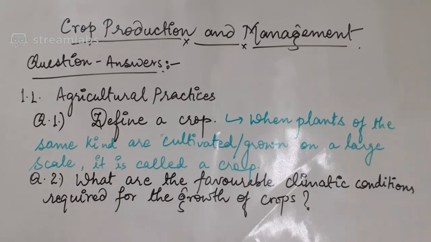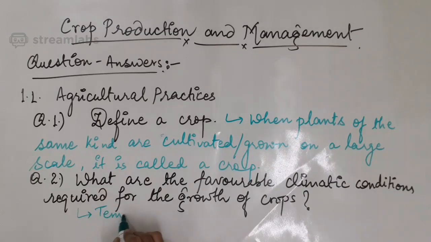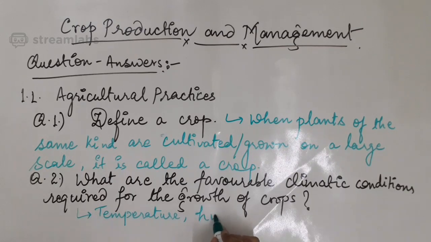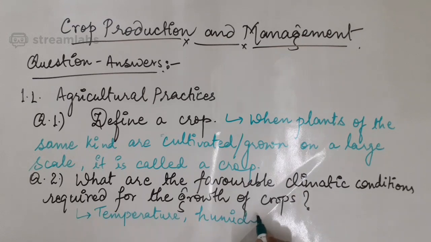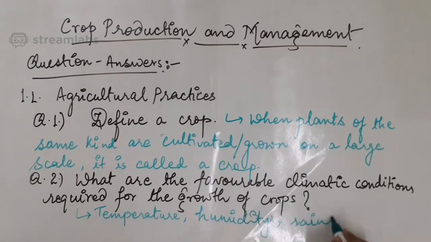In this, you know that there are many conditions like temperature, humidity, rainfall are required for the growth of crop, and they vary from one region to another in the country like India.